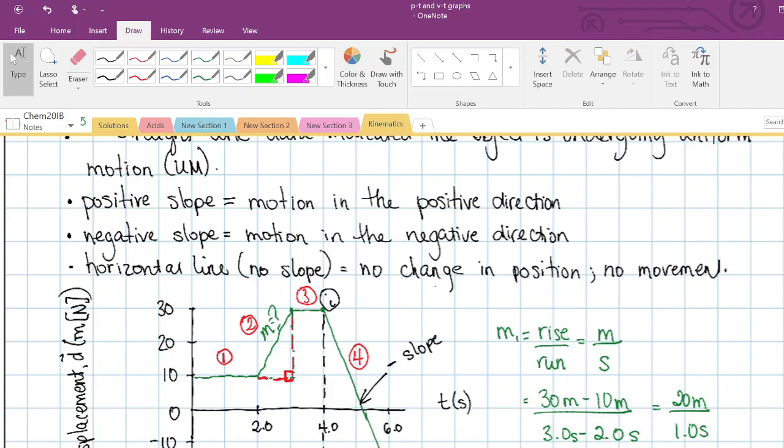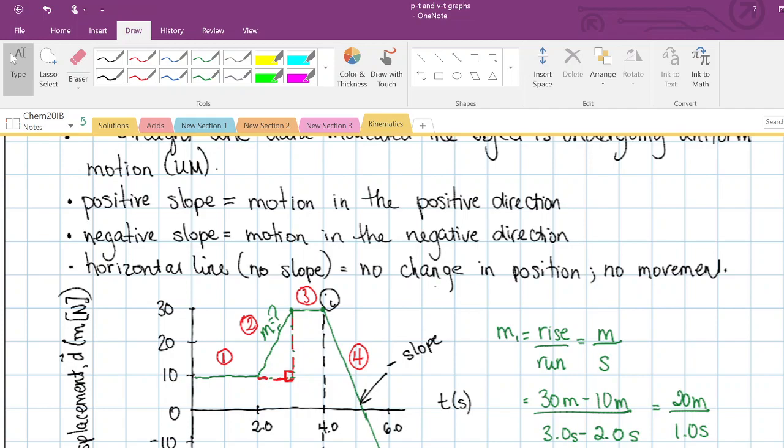So if we have a line that has a positive slope, that's going to indicate what direction that particular object is moving. Very much like when we did our calculations and ended up with a number that had a positive magnitude. If it has a negative slope, that also tells us that it's moving in the negative direction, much like the calculations told us last week.